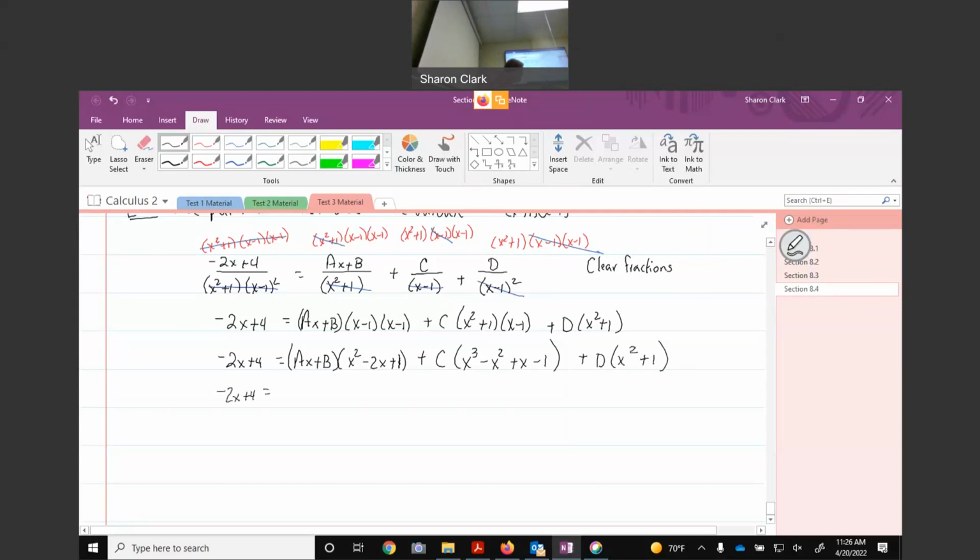So ax times x squared is ax cubed minus 2ax squared plus ax, plus bx squared minus 2bx plus b, plus cx cubed minus cx squared plus cx minus c, plus dx squared plus d.